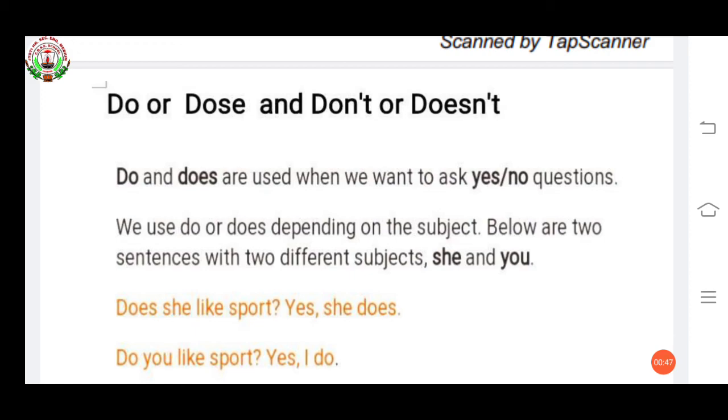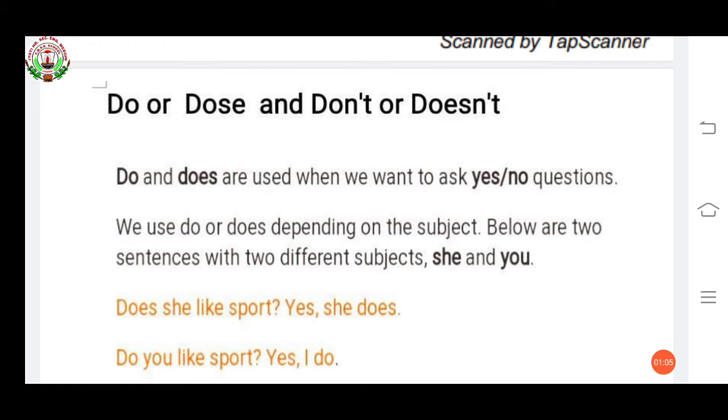I also taught you that all three tenses have four forms. In the present tense: the simple present tense, the present continuous tense, the present perfect tense, the present perfect continuous tense.